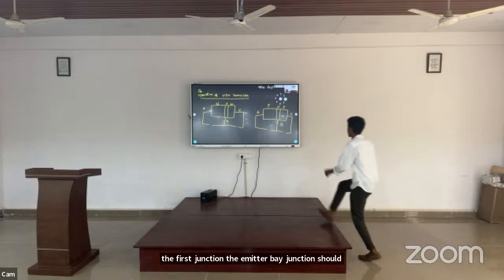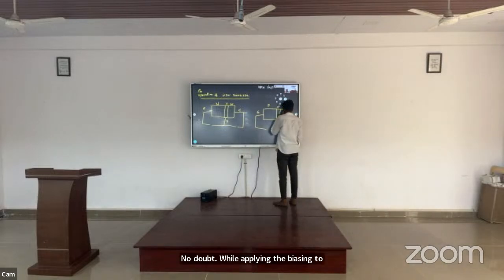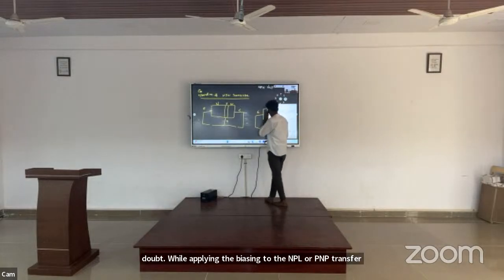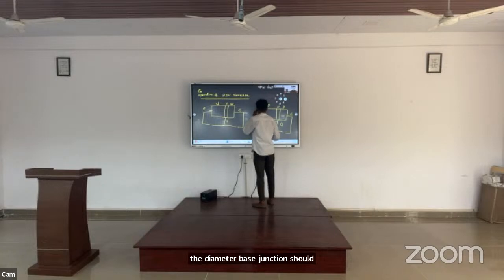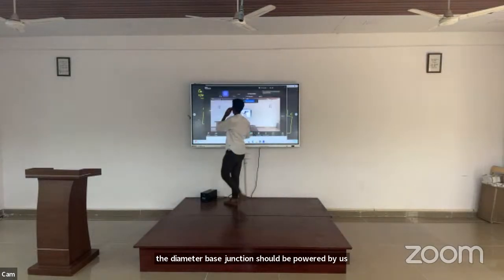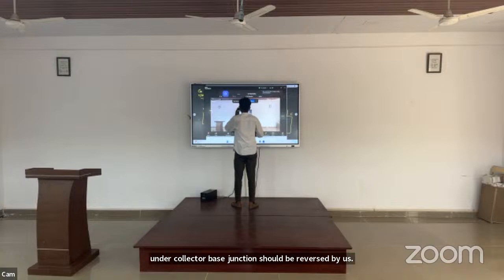Note down. While applying the biasing to the NPN or PNP transistor, the emitter base junction should be forward bias, and the collector base junction should be reverse bias.